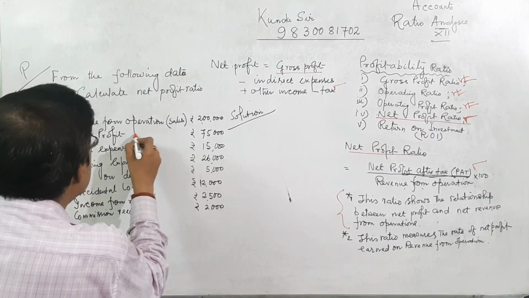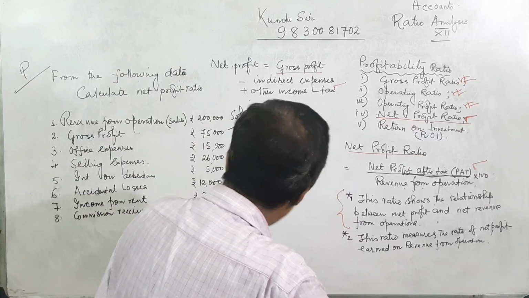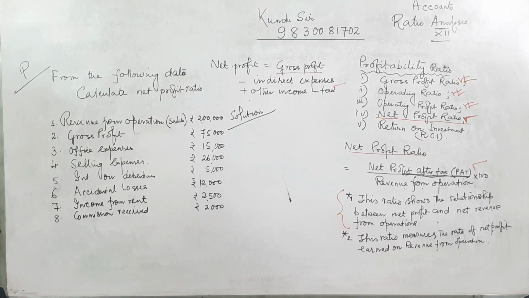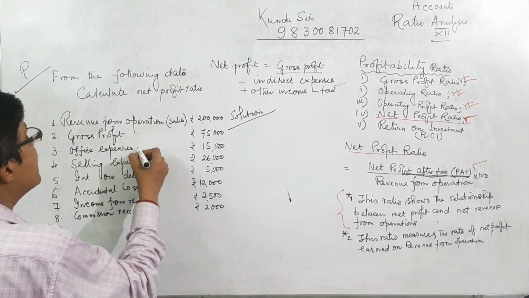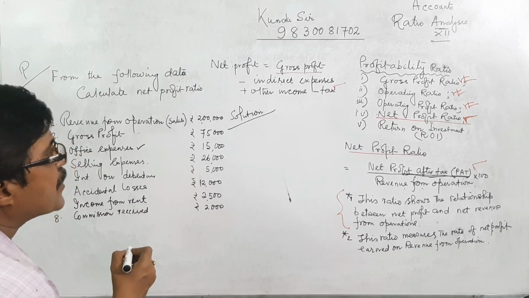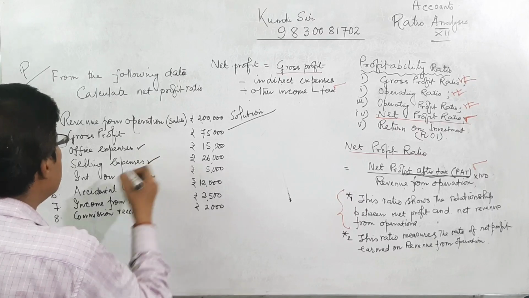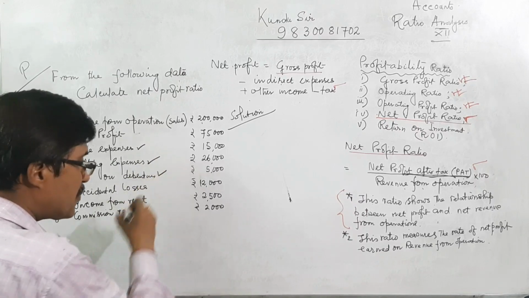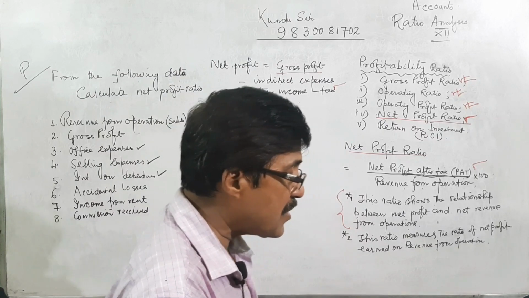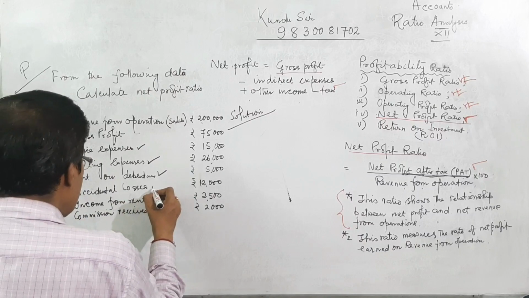From gross profit, you have to deduct the indirect expenses: office expenses, selling expenses, interest on debenture, accidental loss.